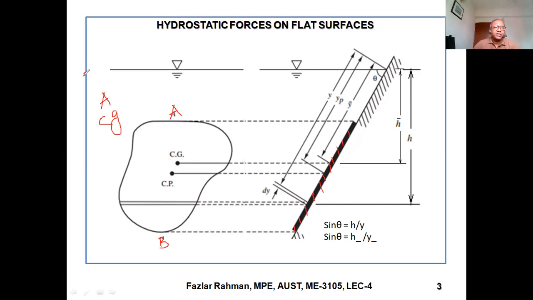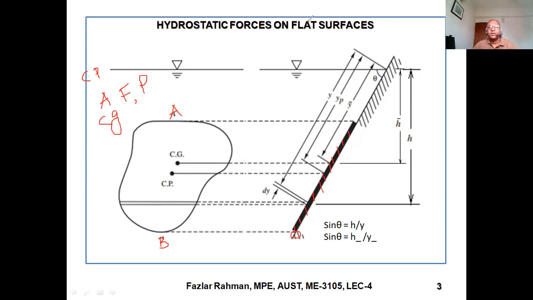That means the resultant pressure is working through a point, and it is experiencing force and pressure. If we know the pressure, we can figure out the force. So you see, this is the top surface, the free surface, and this is the bottom of the plate. The inclined distance we denote by y, and the vertical depth we denote with h. So how can we figure out the total pressure? And this is theta.